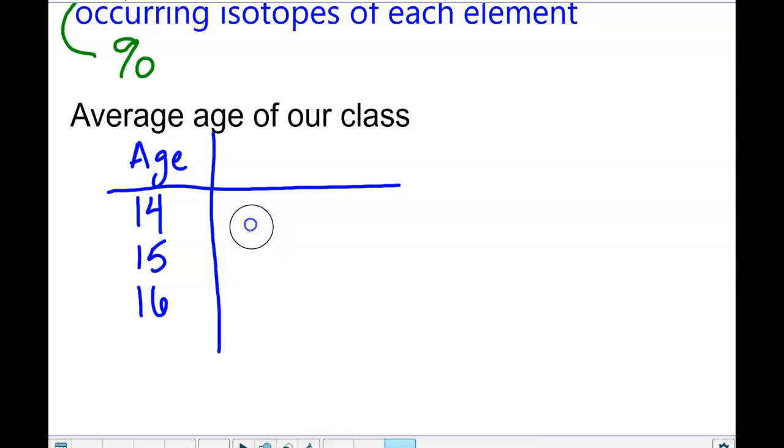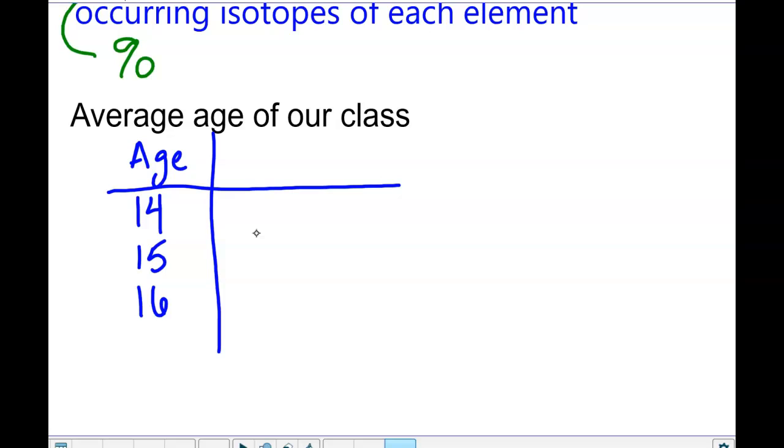Now, the reason that I'm using age as an analogy here is because when you tell somebody how old you are, you don't say 15.4. I mean, I suppose you could, but let's just use this as an example where just like the mass number, mass numbers are always going to be whole numbers. We're going to use this as an analogy.